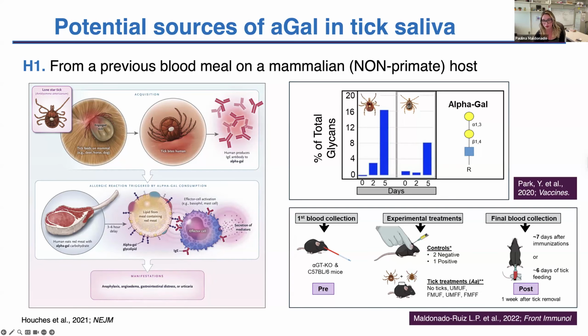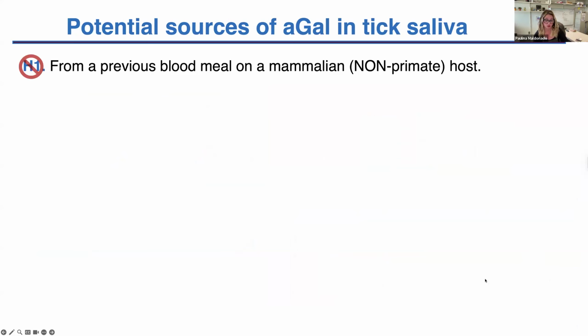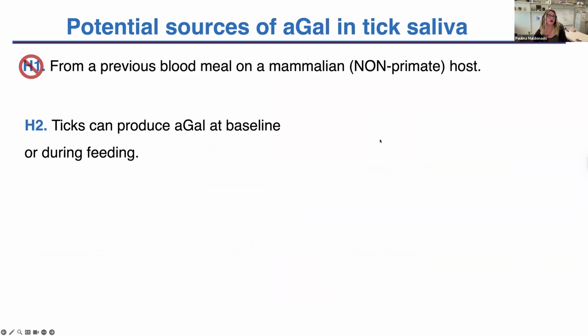Now, long story short, after waiting for the immune response to build up, when we tested for antibody levels in the mice, this didn't seem to support our hypothesis. So we weren't able to show that the tick transfer from a bovine blood-fed tick to the mice was going to cause that response. That doesn't mean that it's not happening, but we weren't able to prove it in our animal mouse model.